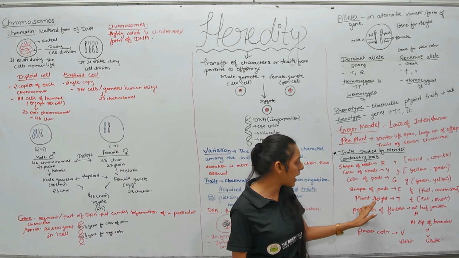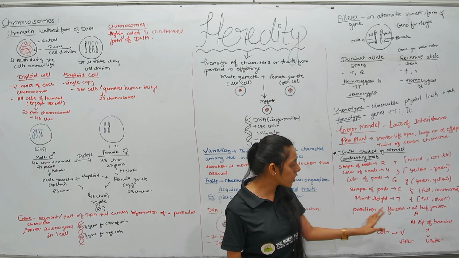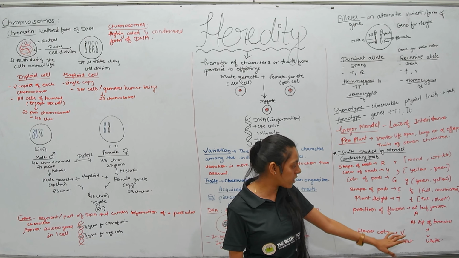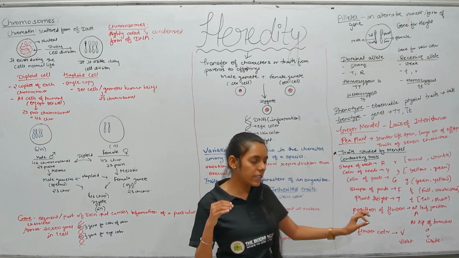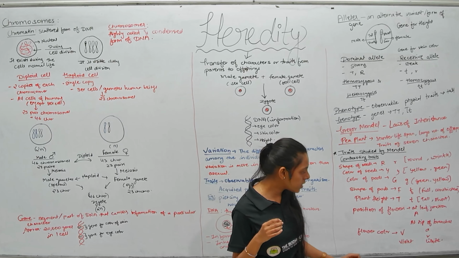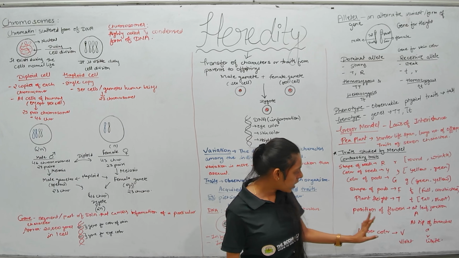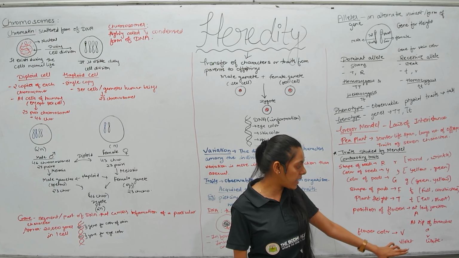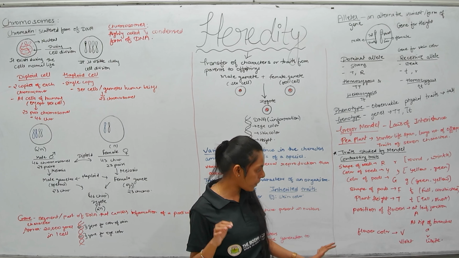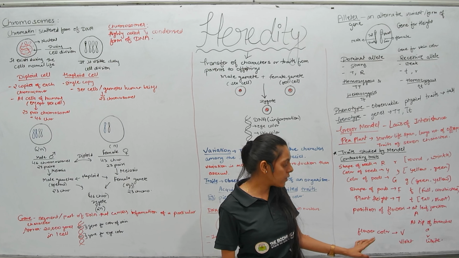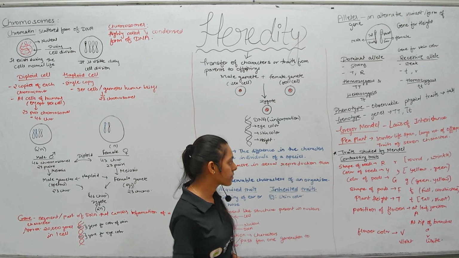Then plant height, tall or short. Then the position of the flower, either at the leaf junction, which was at the base of the leaf, or at the tip of the branches, that is, on the top. Then flower color, either violet or white.